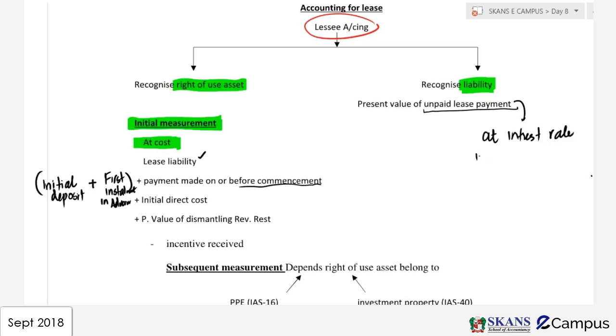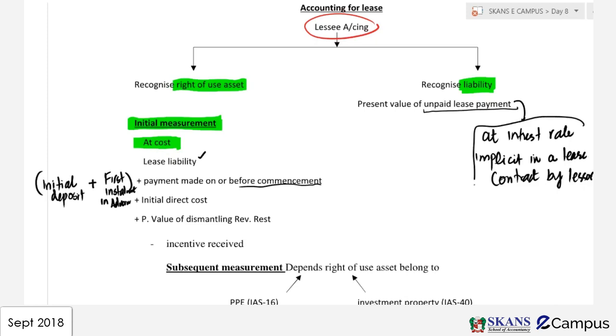Interest rate implicit in a lease contract by lessor. The rate the lessor is charging you in a lease contract.